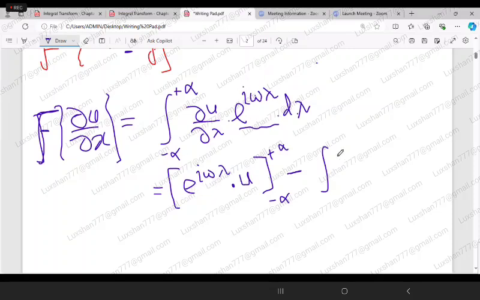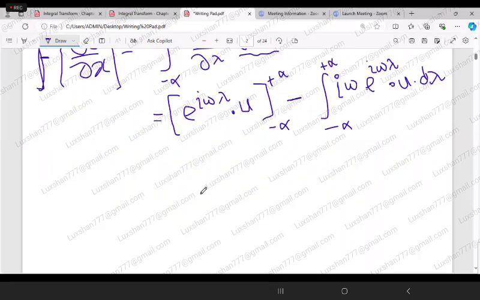Differentiation of this function is iω e to the power iωλ, with range minus infinity to plus infinity, into this function u into dλ.